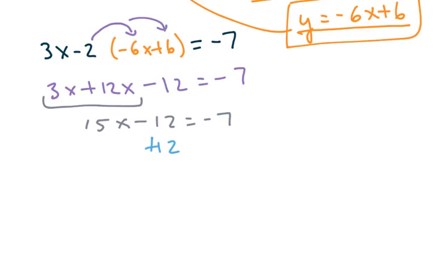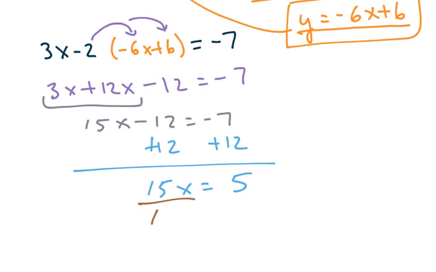I'll add 12 to the other side. And we will get 15x equals, what is that, 5? And then to finish it off, we're just going to divide through by 15, and x will be 1/3.